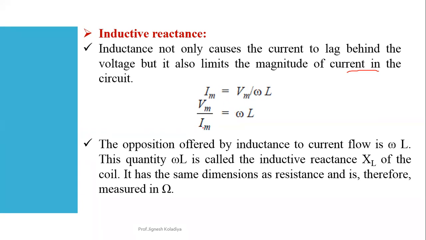So V upon I is what? Generally we write R if R is present. But right now R is not present in the circuit. That means inductive reactance XL or omega L can be written as Vm by Im. So the opposition offered by the inductance to the current flow is omega L. This quantity, omega L, is called inductive reactance XL.